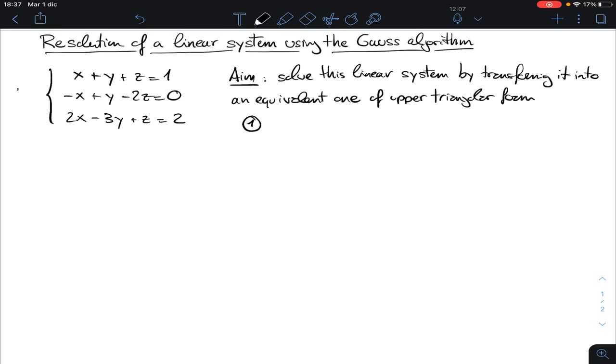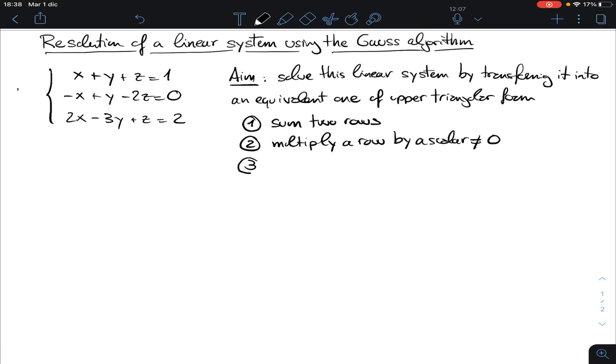The first one is that we may take the sum of two rows. As a second operation, we may multiply a row by a scalar which has to be different than 0.